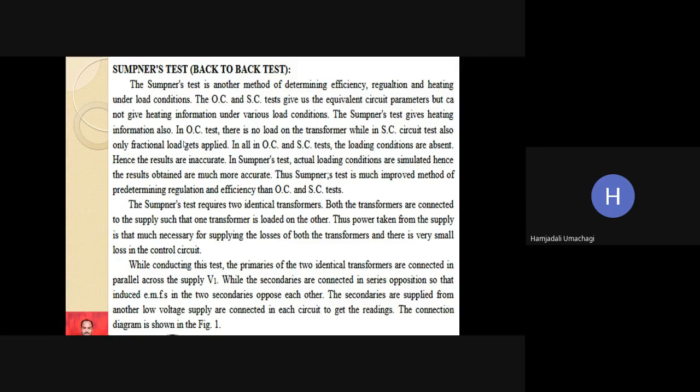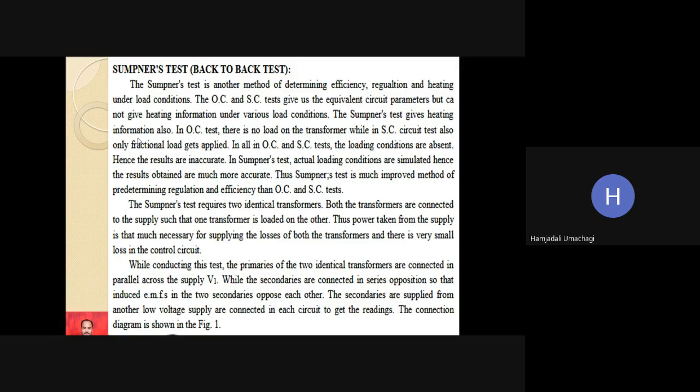So the advantage of the Sumpner test is that, along with the information of efficiency and regulation, those values are going to be accurate. Why? Because the efficiency and regulation values calculated using the Sumpner test take heating information into account. Since heating information is included, we get accurate values of efficiency and regulation.